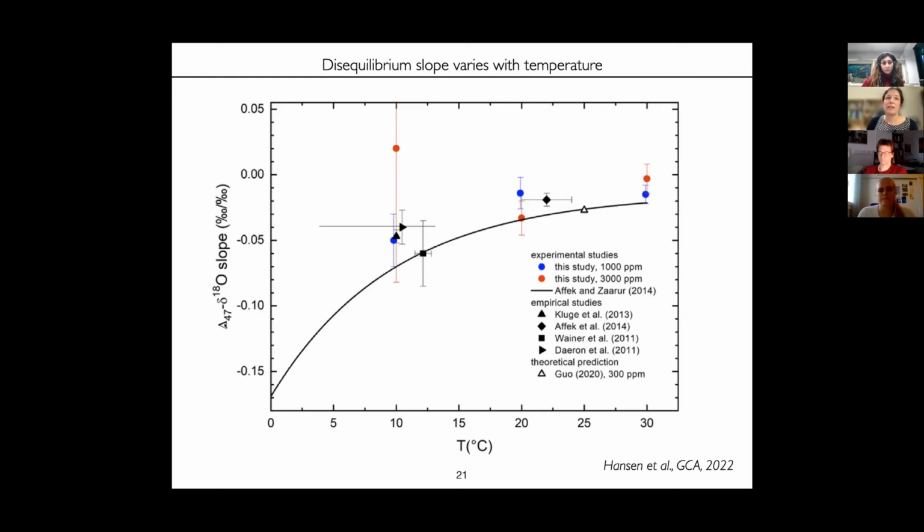And it's basically showing you the slope of this relationship of clumped versus delta 18O with temperature. So it looks like there might be a temperature dependence in this slope, which will then make it, of course, more difficult to use that slope to back-correct these disequilibrium effects in older samples.